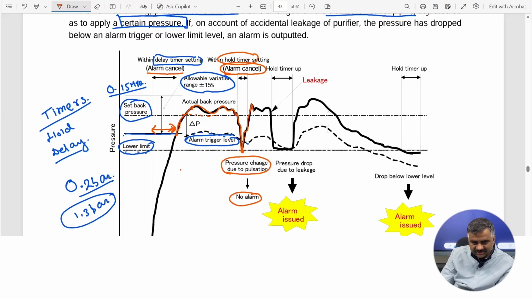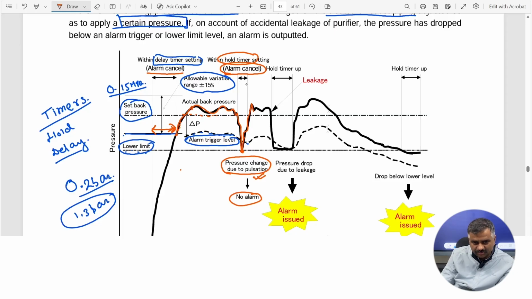Because this is a hydraulic medium, any such vibration is allowed to occur by the hold timer. At that time the leak alarm will not come.